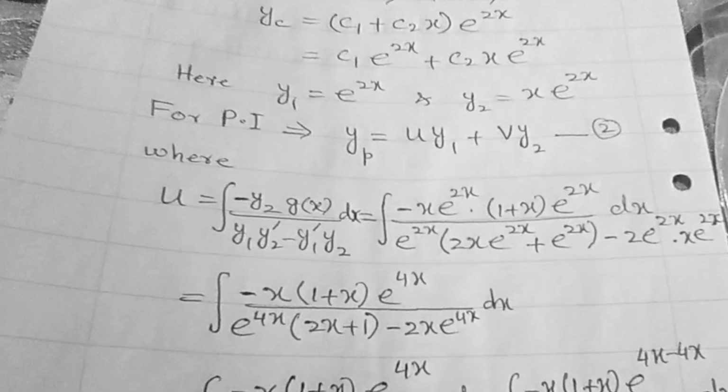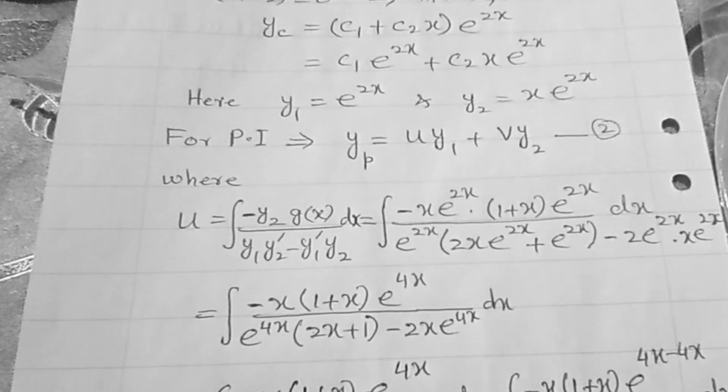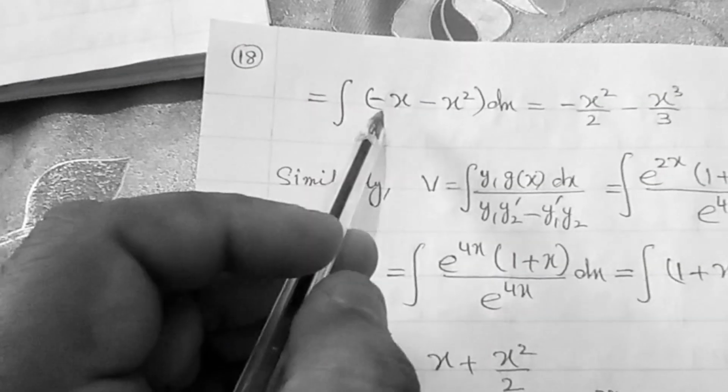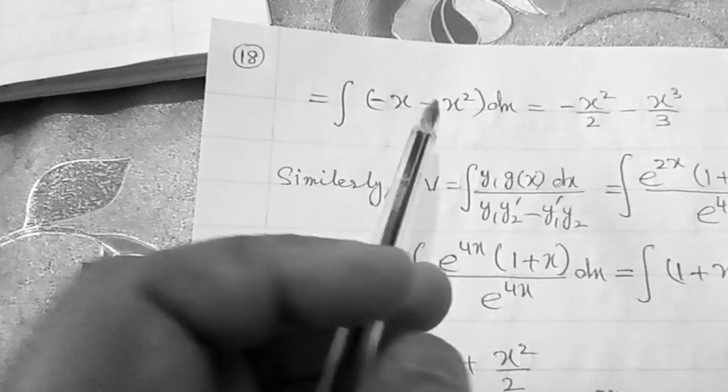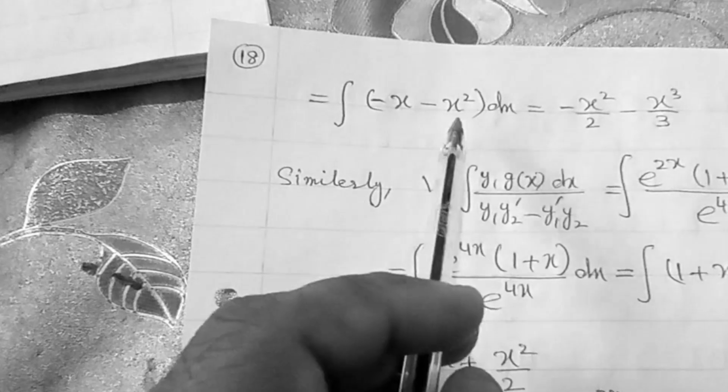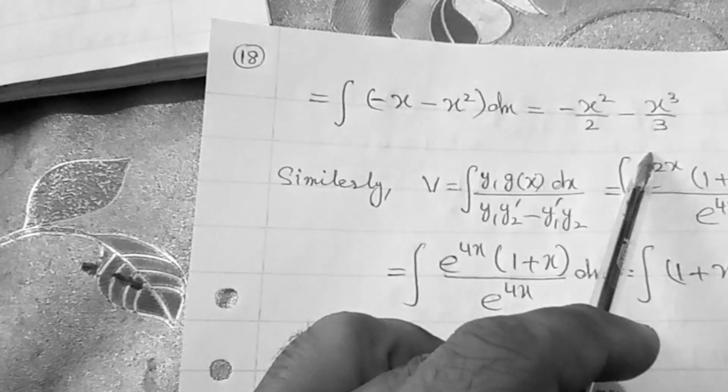So the bases are the same and the powers combine, that is 4x minus 4x, so the exponent is 0, which gives 1. Now only minus x square dx will remain, and the integral of x is x square upon 2 and the integral of x square is x cube upon 3.